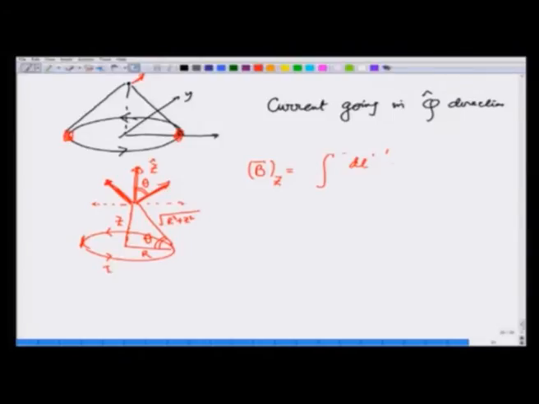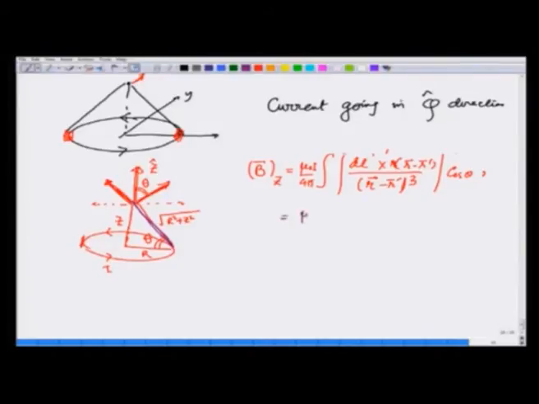So, this is going to be mu 0 I over 4 pi, integration dl prime over mod r minus r prime cubed times mod r minus r prime cross dl, I am taking its magnitude and the cosine theta component, and I will add it up. Okay, let me say it again. I am taking the field due to these small elements and adding it up, taking only the z component.